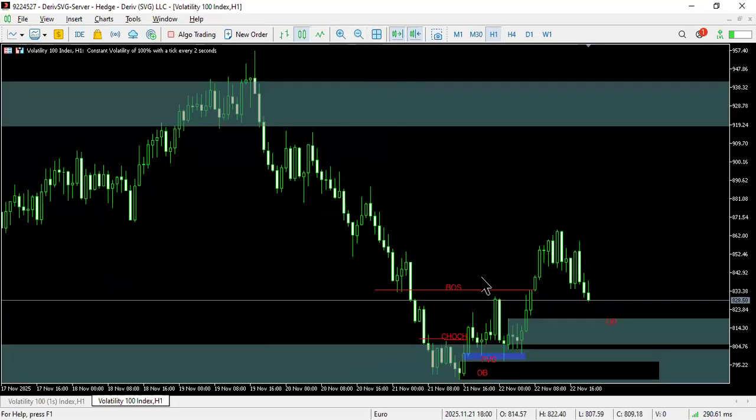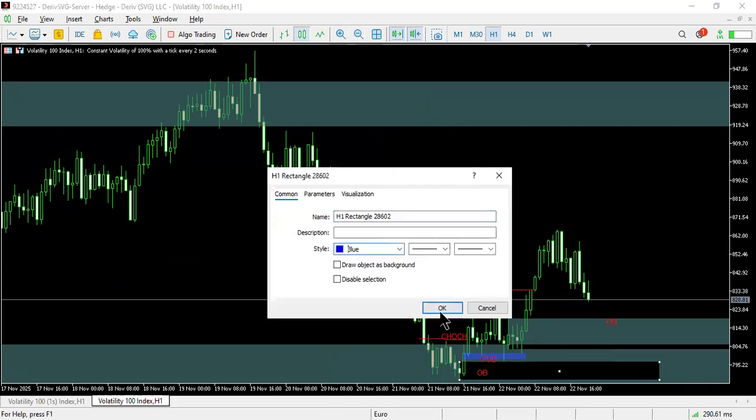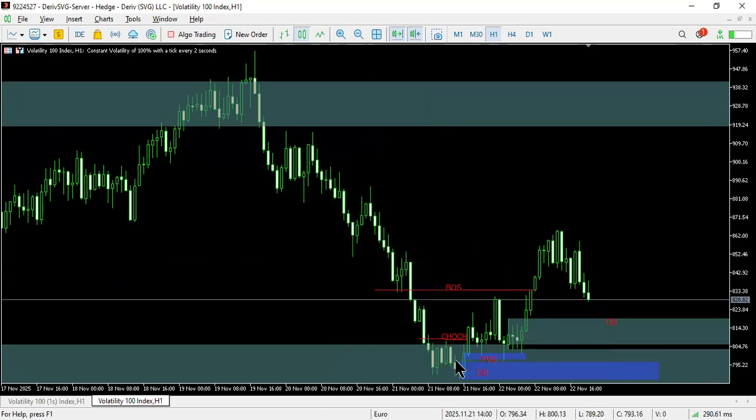That's it for VIX 100. That is the setup that I'll be waiting for. Since our bias is bullish, I'm going to be waiting for any of the reversal candlesticks at these points of interest.